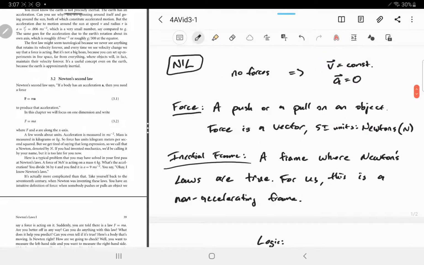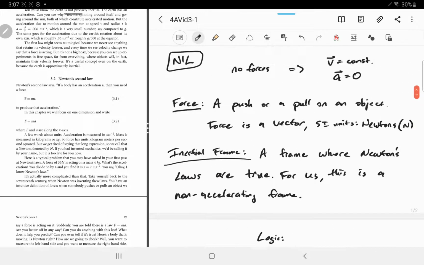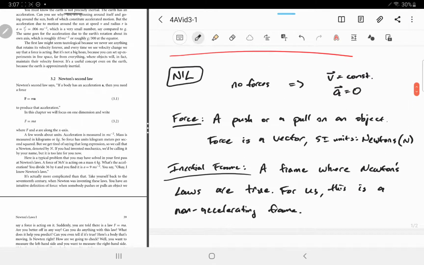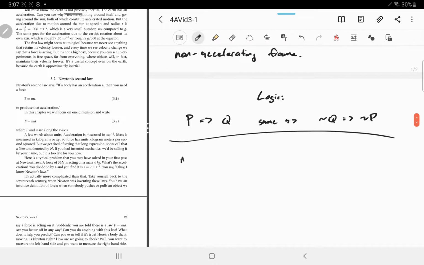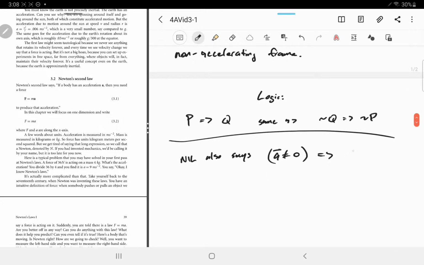If we look at Newton's first law, if this implies this, then not this implies not this. So if acceleration is non-zero, Newton's first law also says that if A is non-zero, then there must be a force, right? The opposite of no forces means a force. There has to be forces.